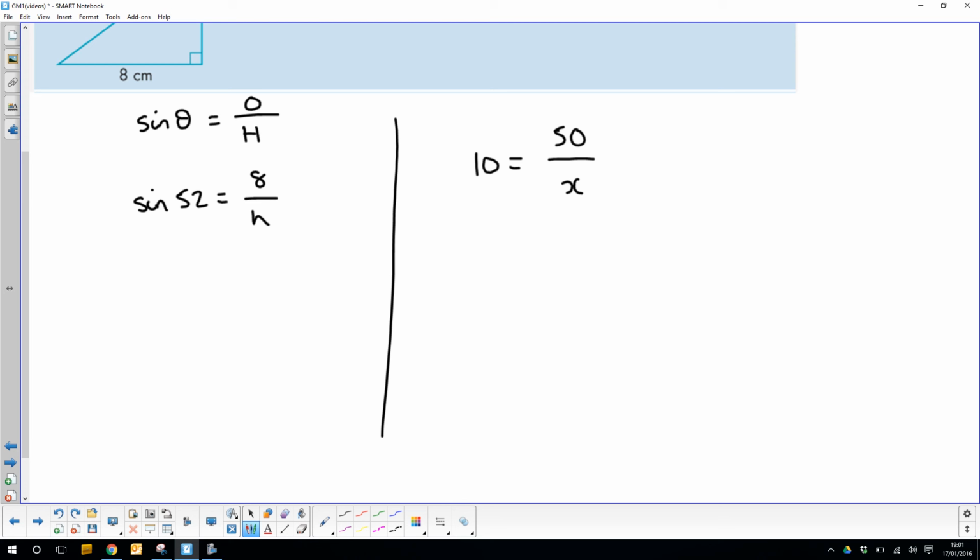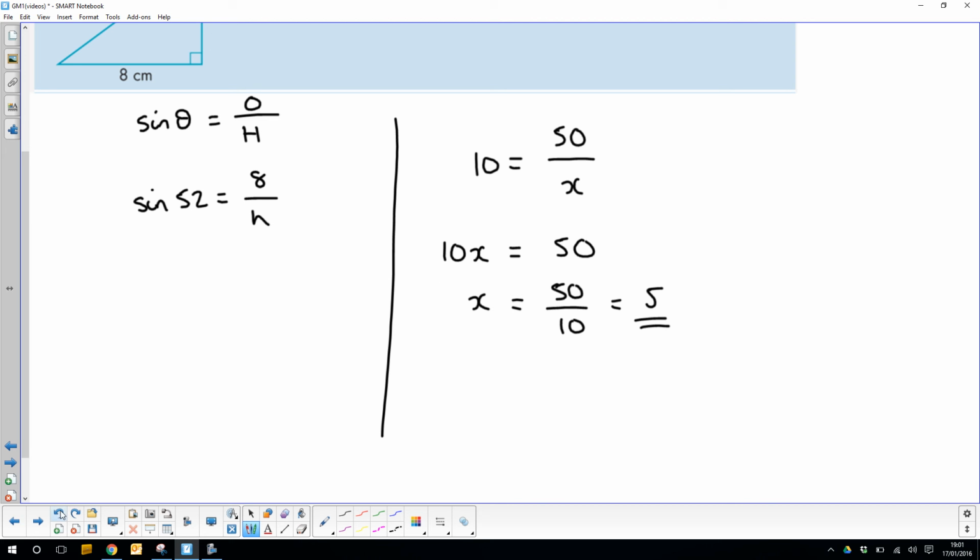Well, the first step would be to times both sides by x, and that would give you 10x equals 50, and then divide by the number in front of x to give you x equals 50 over 10, which of course is 5. We're going to do exactly the same thing. Although we're not going to work out what sine 52 is yet, it's worth bearing in mind that it's just a value, just like having the value 10 on the left hand side.